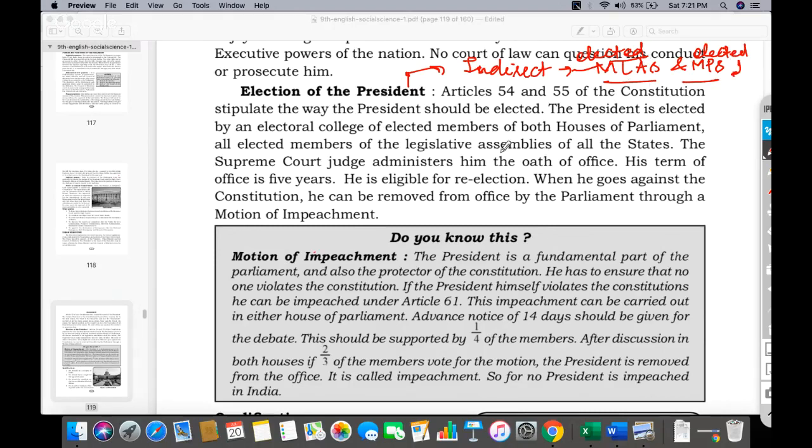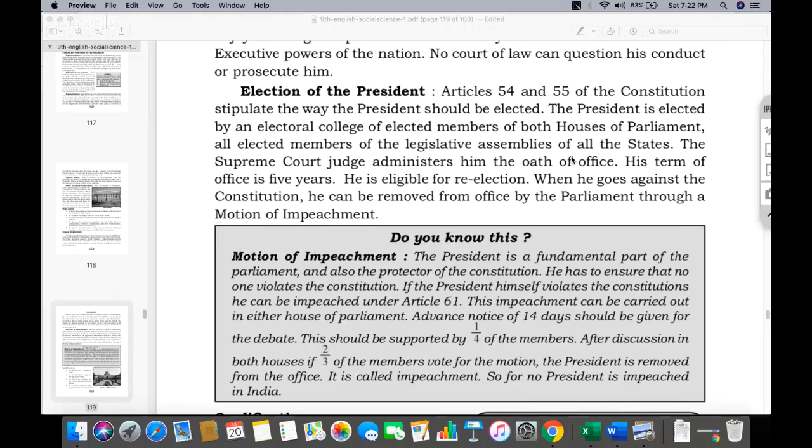Elected MLAs and MPs will participate in voting for electing the President of India. Whosoever gets more votes will become the President of India. So look here, it has been written that the President is elected by an electoral college of elected members of both the houses of Parliament and all elected members of the legislative assemblies of the states.